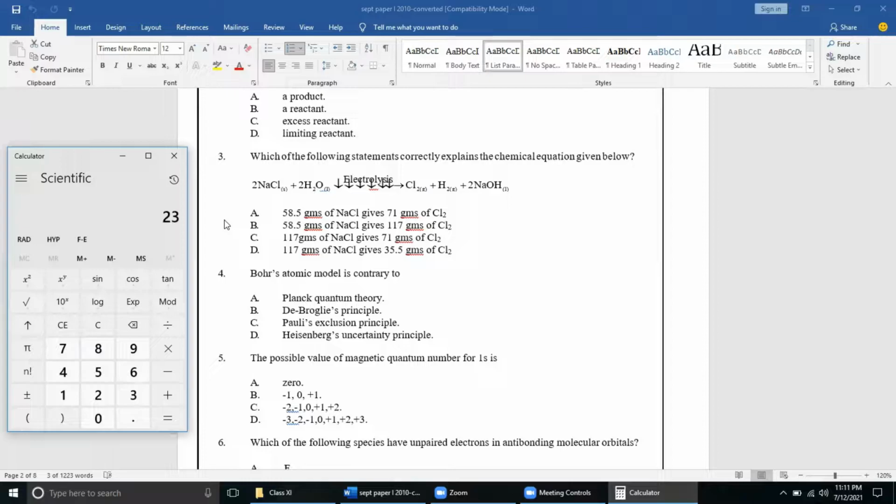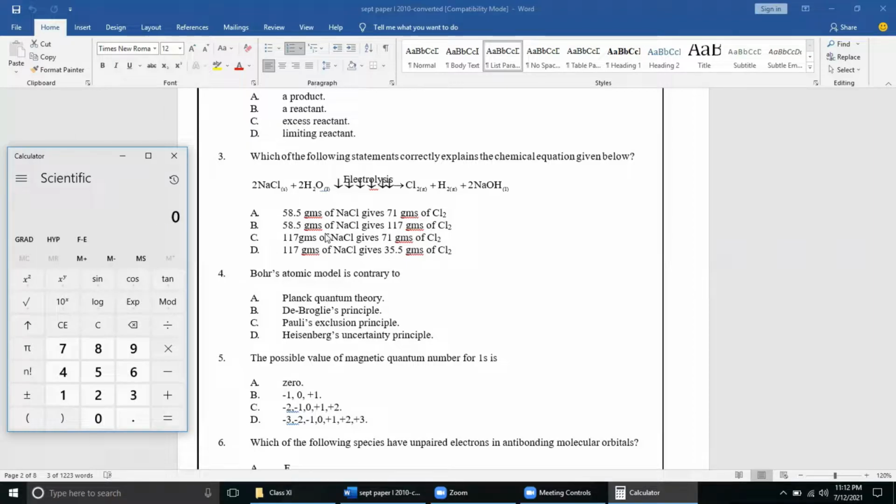So you will get 58.5. So 58.5 is the mass of 1 mole, but here 2 moles are written. So this option is wrong. Now let's move to the next option.